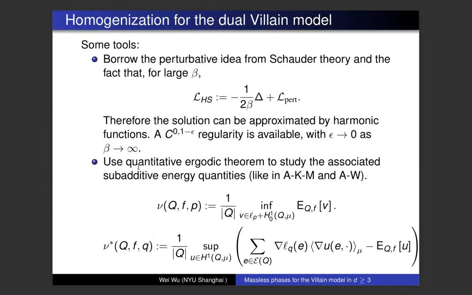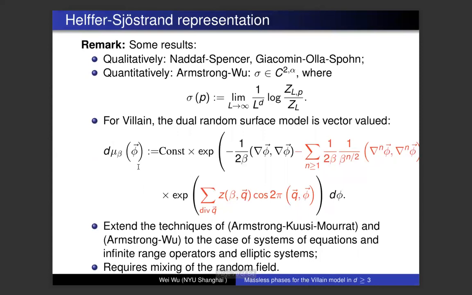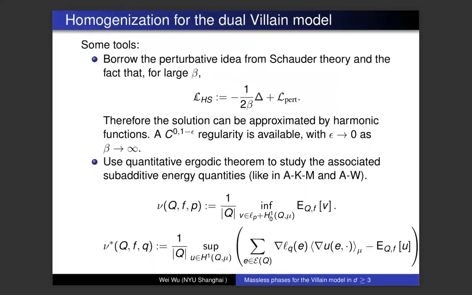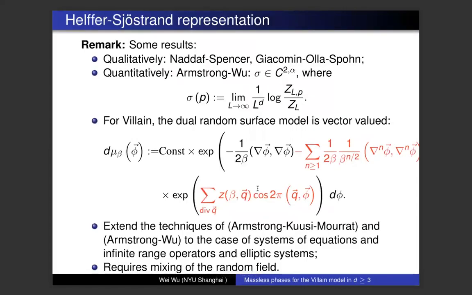The equation we have for this three-component random surface model is going to be quite complicated. However, we can write down the corresponding L operator in two parts. One is the usual part, which came from this Gaussian free field leading term.